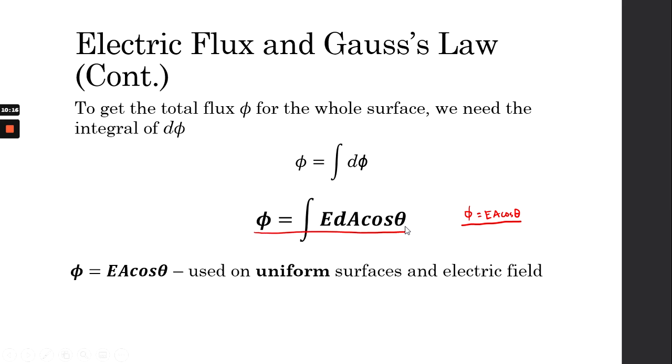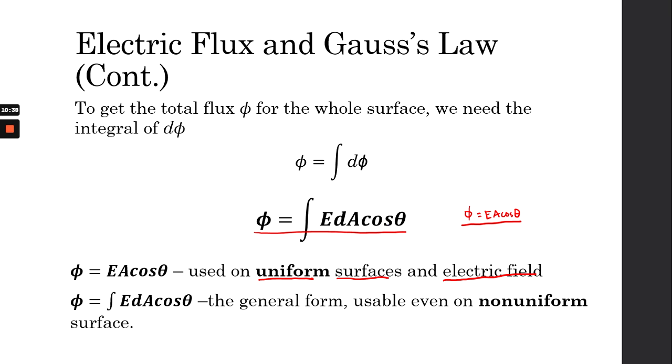Well, the difference is that we can only use the vector equation if we have a uniform surface and uniform electric field. While this equation right here, the integral form of electric flux, we can use even on non-uniform surfaces, provided the electric field is still uniform, because if our electric field is not uniform, we cannot measure the electric flux properly.